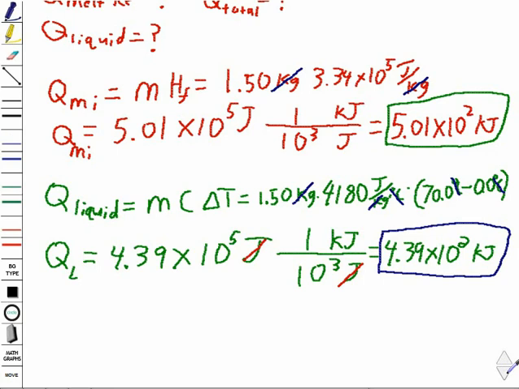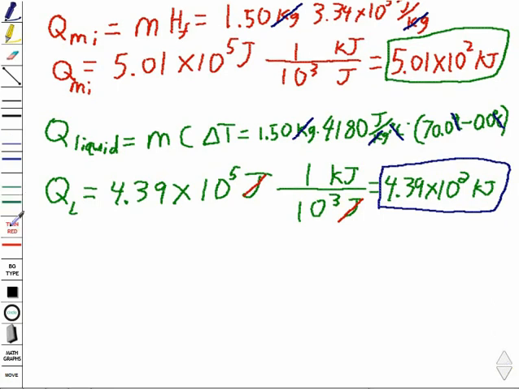And the last thing to do is just add those numbers together. So I'm going to get my total heat required to do this, my Q total. So again, that's going to be the heat to melt the ice plus the heat required to get the liquid up to temperature.